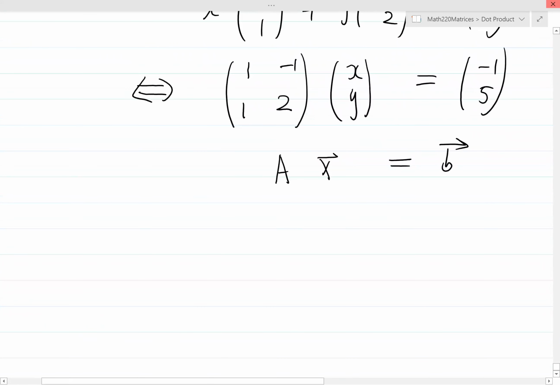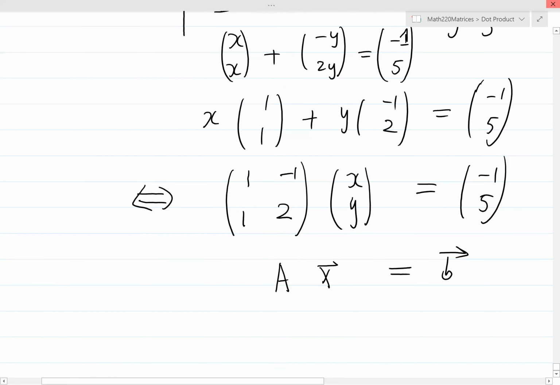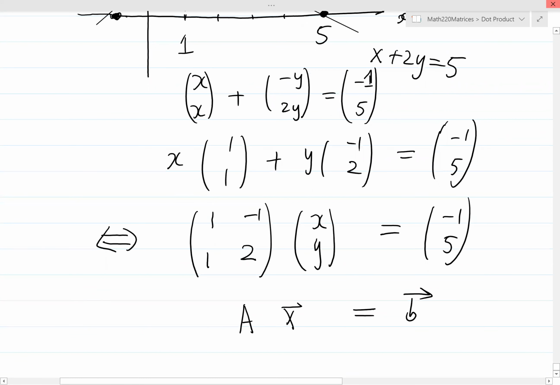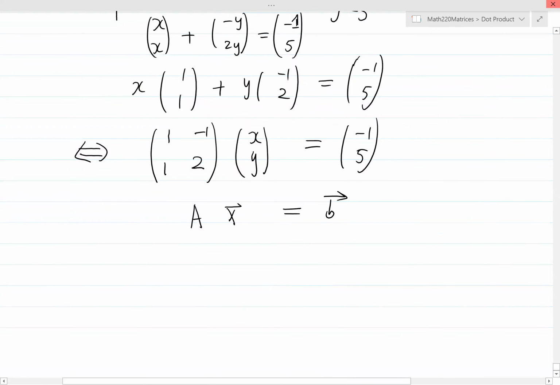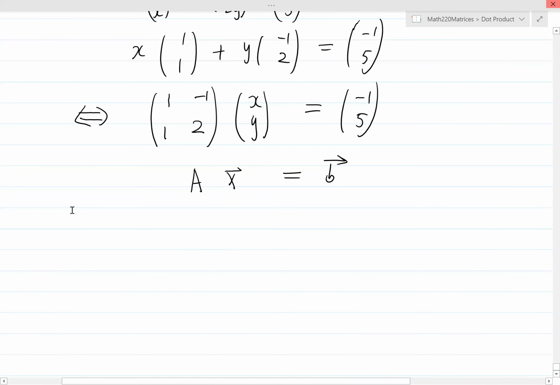Now, what about the linear combination point of view? So let's do the linear combination point of view. Let's plot the vector (1, 1), and then plot the vector (-1, 2).